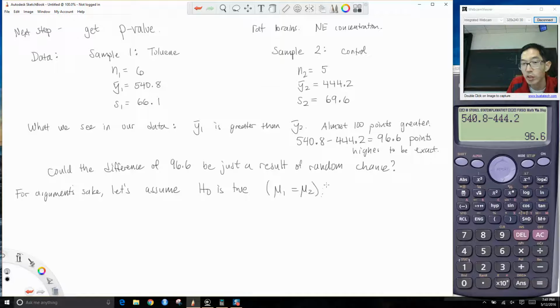Mu1 and mu2 being the norepinephrine concentration associated with all rats in the population of the toluene group, and mu2 would be the norepinephrine concentration of all rats in the population associated with the control group. So let's assume that the null hypothesis is true, meaning mu1 is equal to mu2, or that any concentration is the same for both groups, both populations.